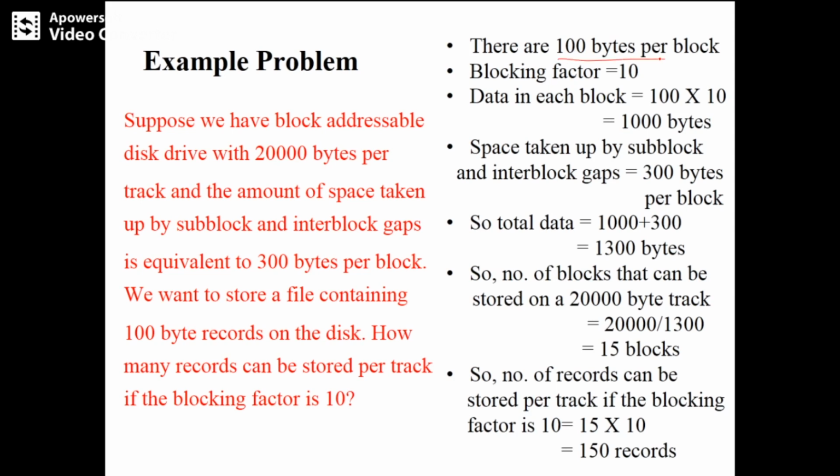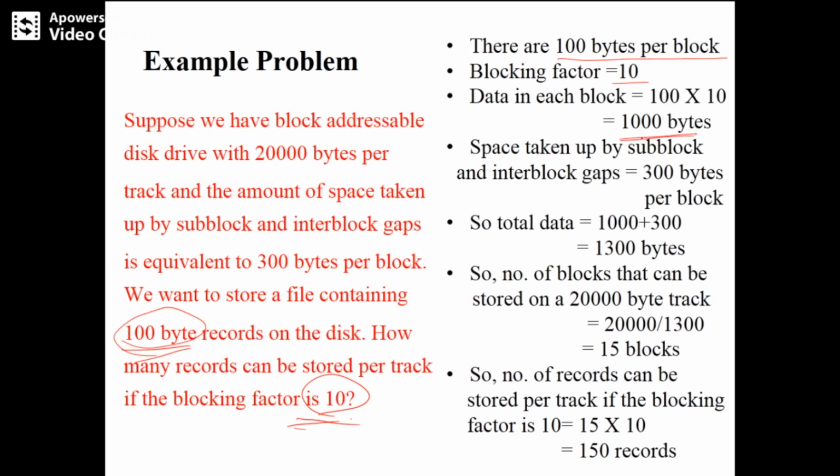We have 100 bytes per record, which is given in the question. The blocking factor is 10, that is the number of records per block. Now the data in each block we can calculate by multiplying the 100 byte record by the blocking factor 10, and we get 1000 bytes.